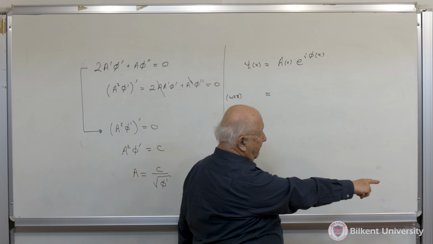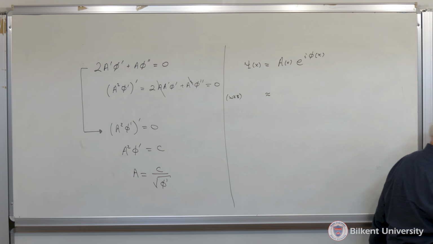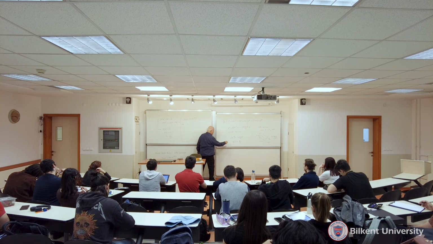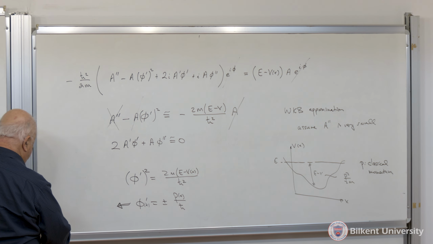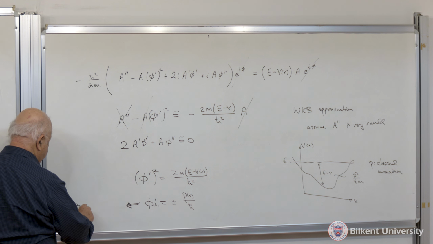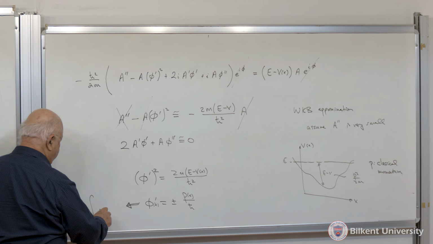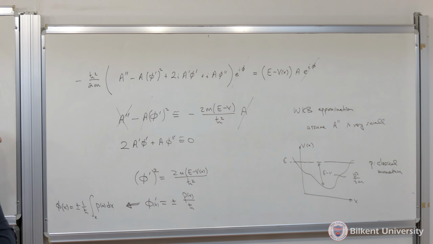Now, what is phi? I have found what phi prime is, but phi is just the integral of this, right? So if I just integrate that, this implies that my phi of x is going to be plus or minus 1 over h bar integral from some point to some other point x of p of x dx.